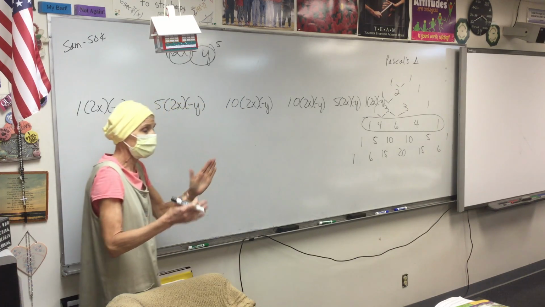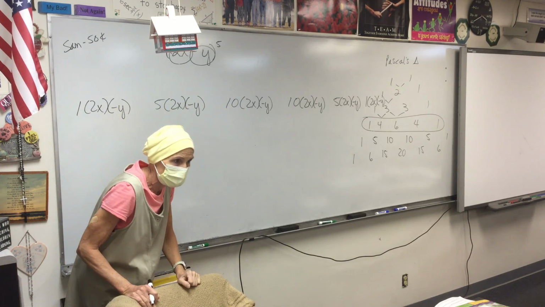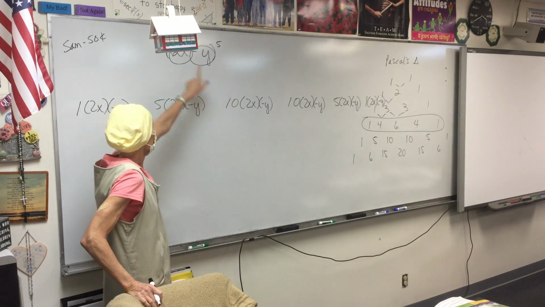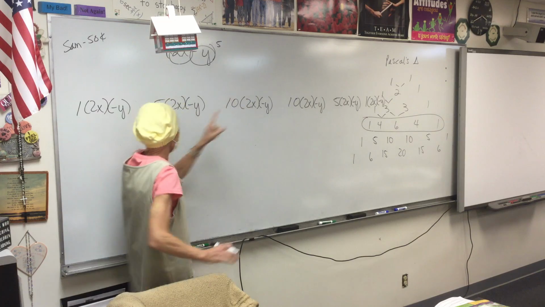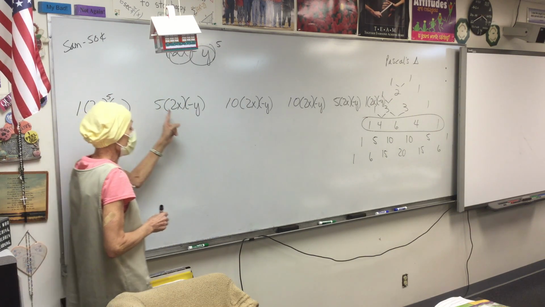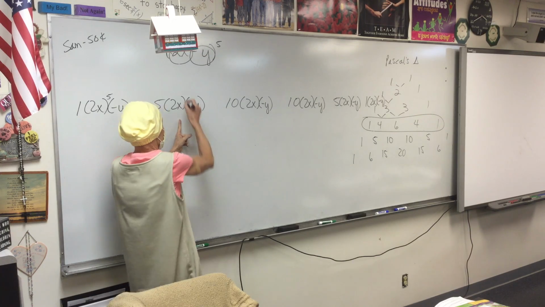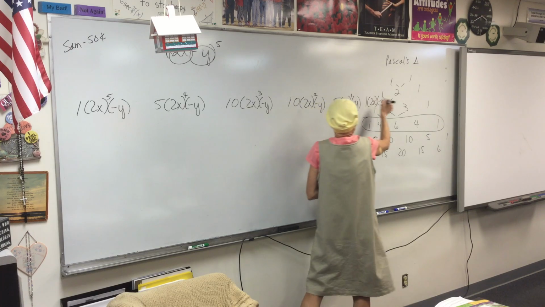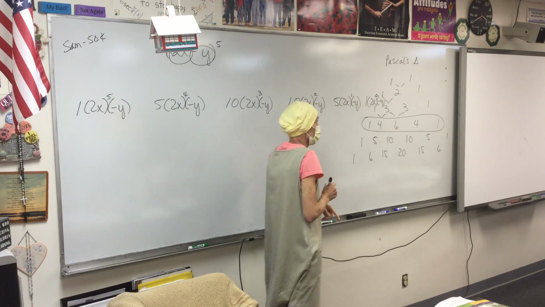Now, the only thing left is the exponents. How do we do the exponents? What are we going to start with? 5. Right here on the x's, we're going to put a 5. And then what's going to happen to those exponents? They're going to go down all the way to 0.